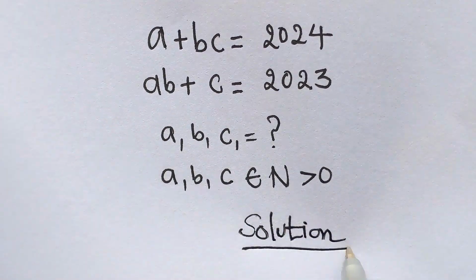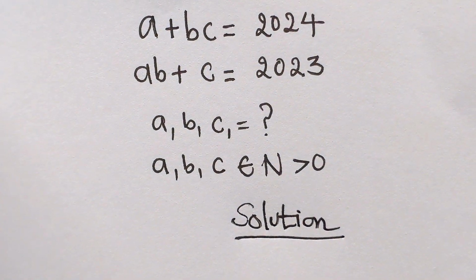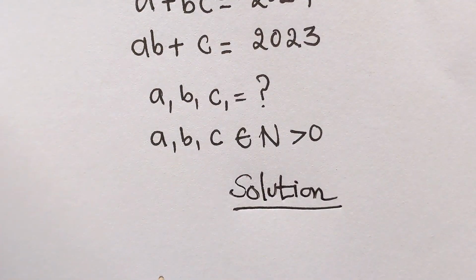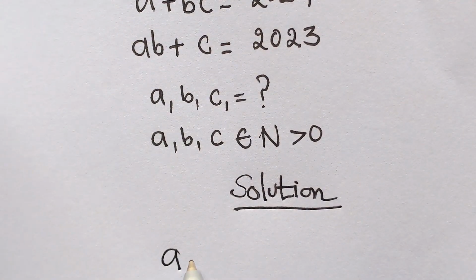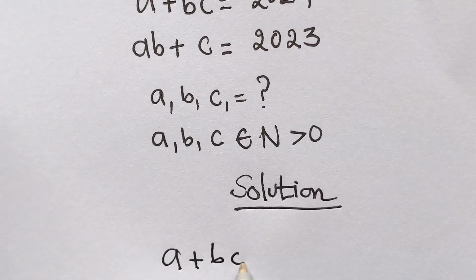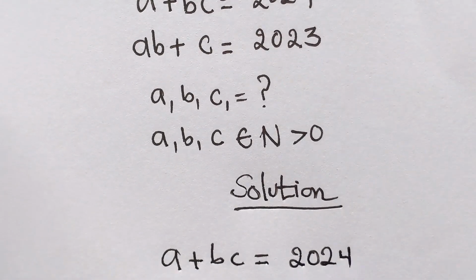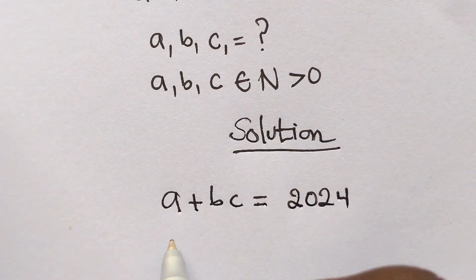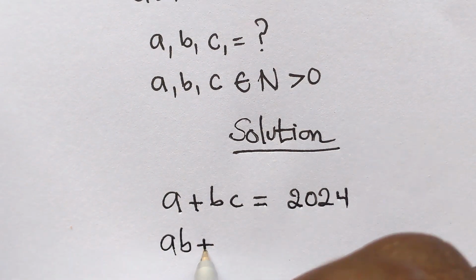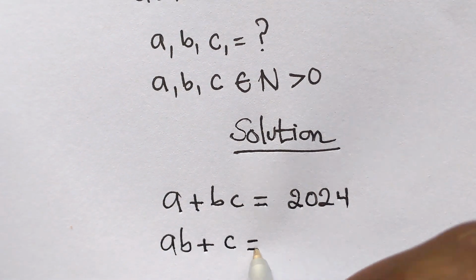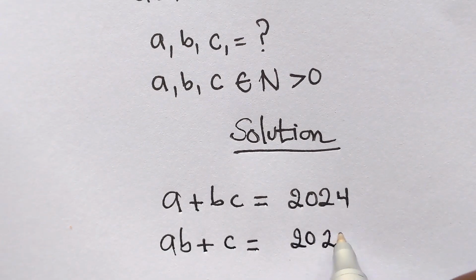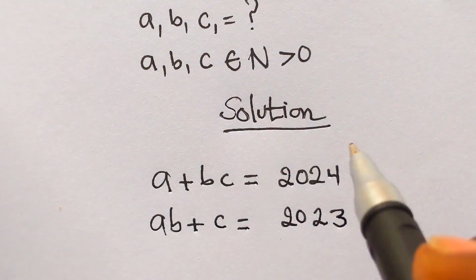Very quickly, we copy what we have: a plus bc equals 2024, and ab plus c equals 2023.